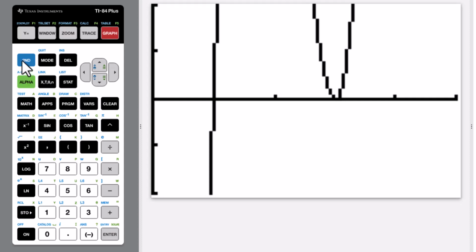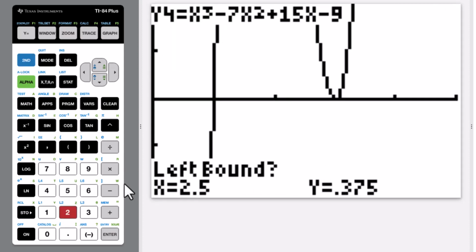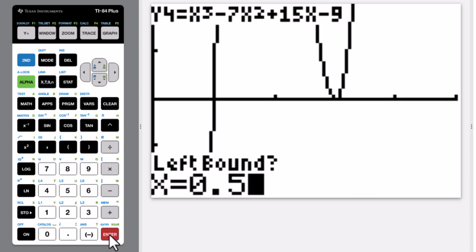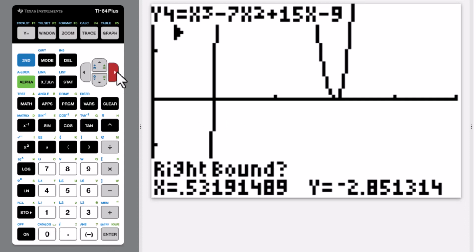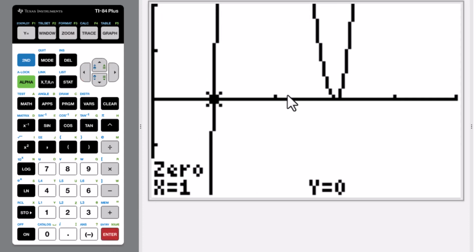If you do second trace 2, 0.5 for the left bound. Then you move the cursor to the right side of the x-intercept. You will get 1. In the same way, you will get x equals 3.